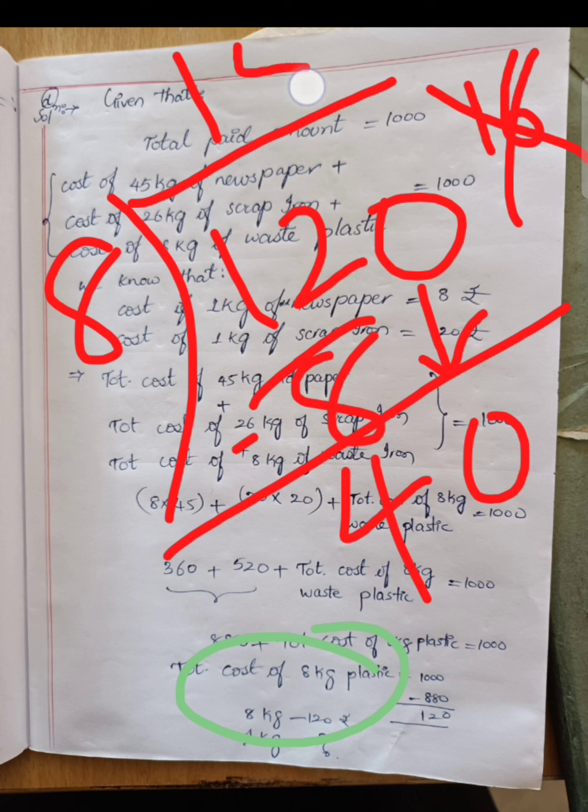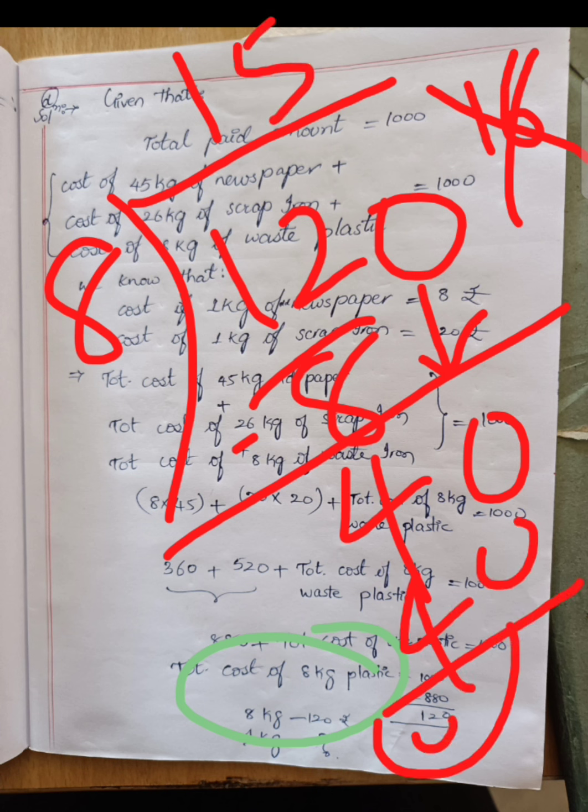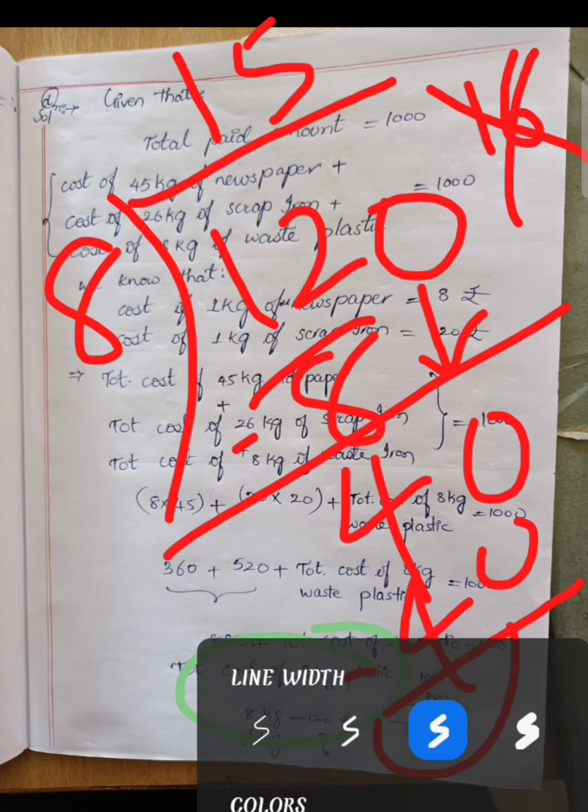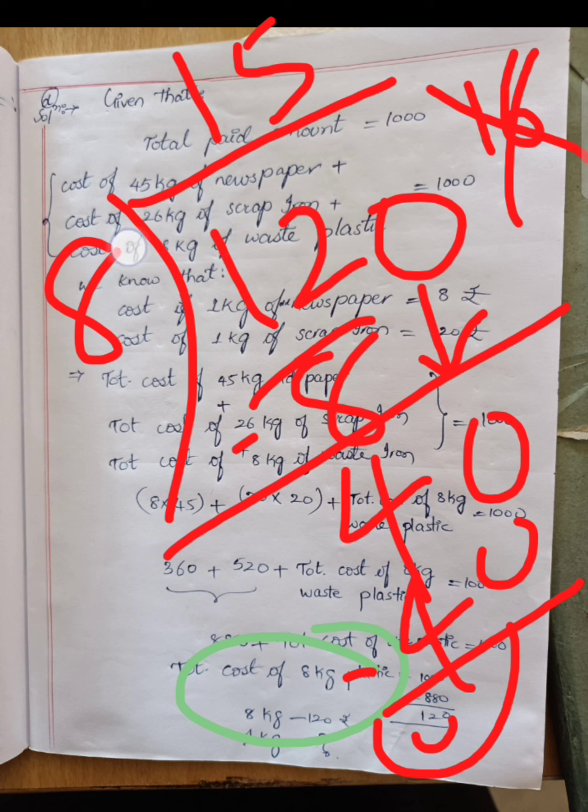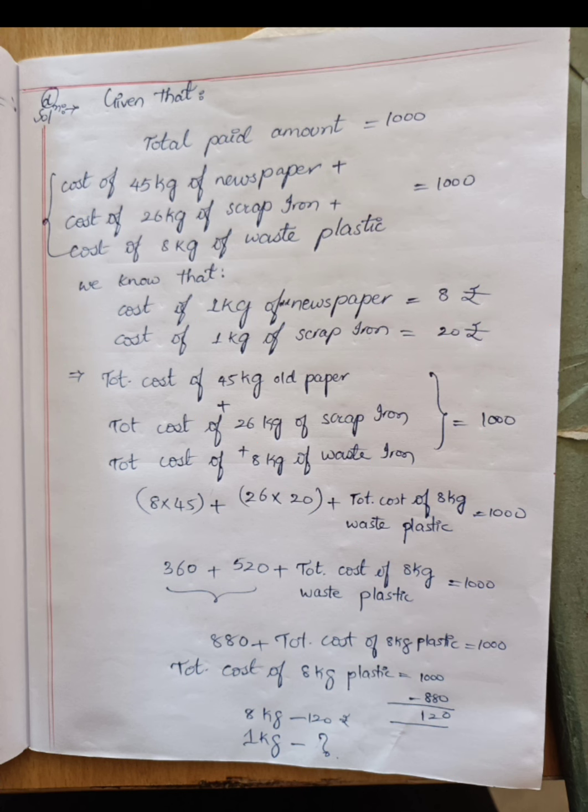Yes, 8 fives are 40. So here the remainder will be 0. So what answer are we getting here? We are getting 15 as the answer. So the cost of 1 kg of waste plastic is 15 rupees. Okay, hope you got the concept.